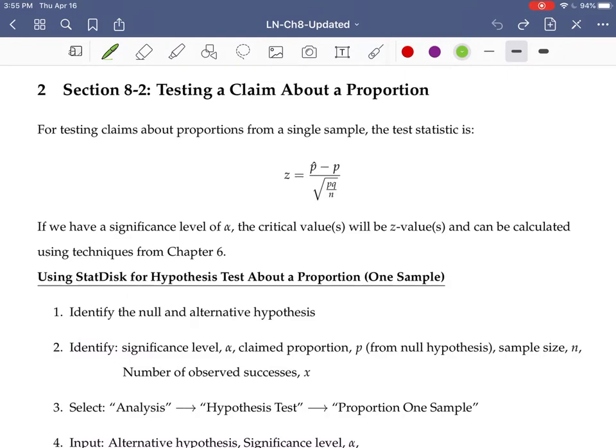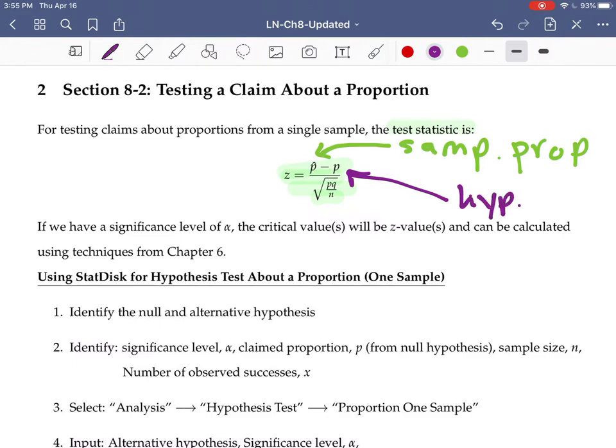For claims about proportions, the test statistic is a z-value. It's a z-statistic. The way that we find that z-statistic, we have our sample proportion, and from that sample proportion, we subtract the hypothesized proportion, right?